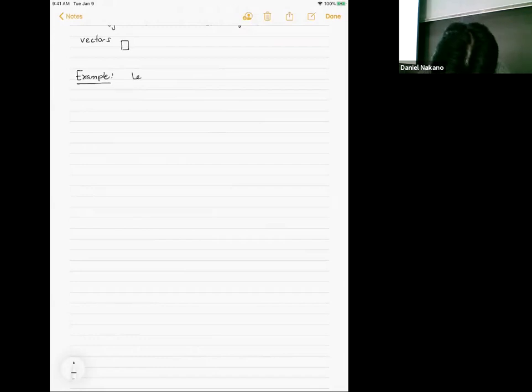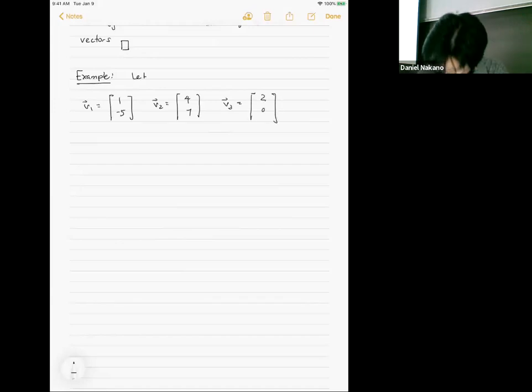Let V1 be equal to the vector (1, -5), V2 equal to the vector (4, 7), and V3 equal to the vector (2, 0). Okay. So there are two parts to this problem.